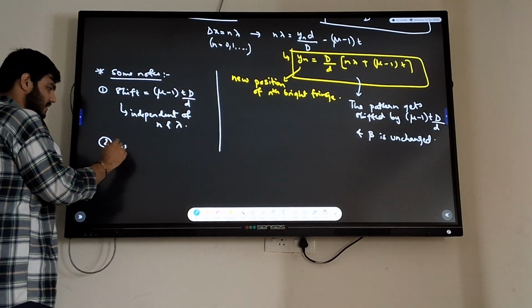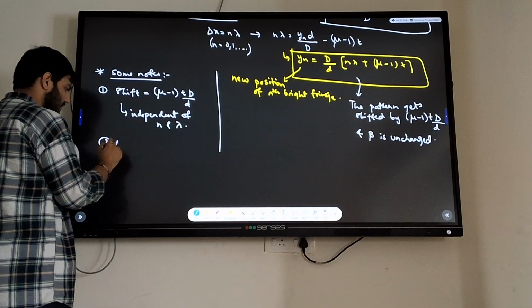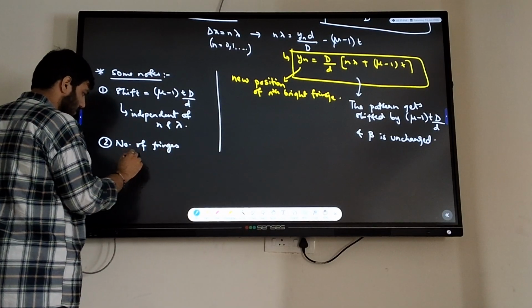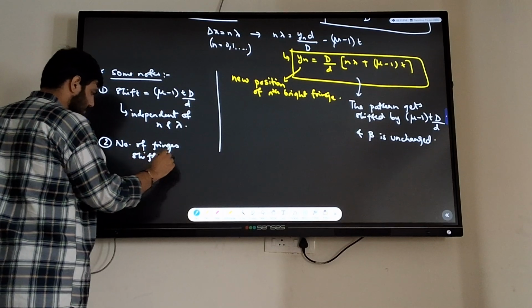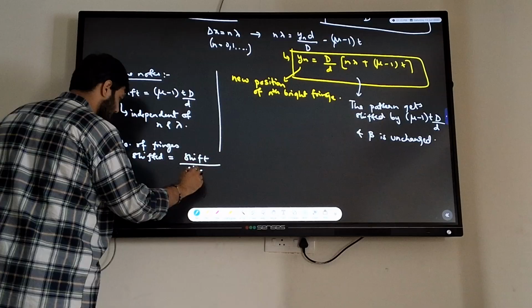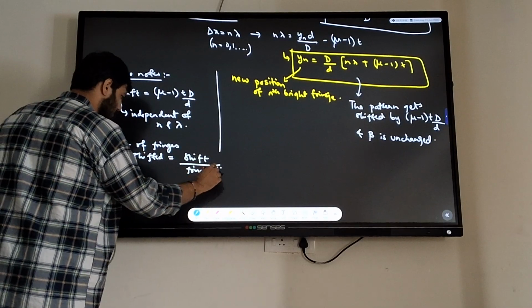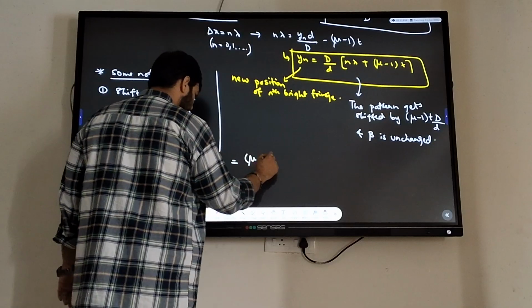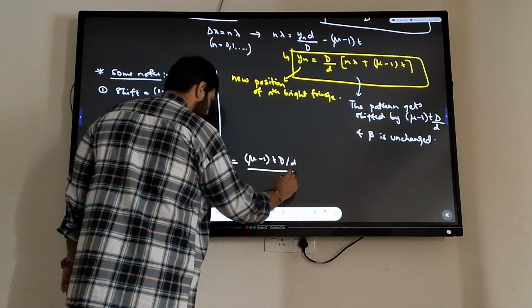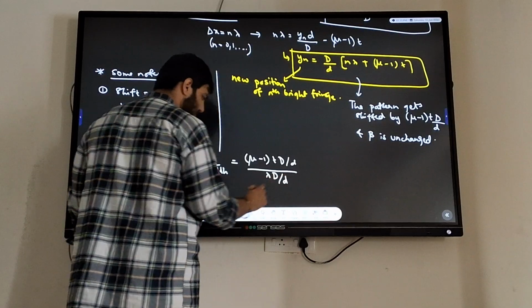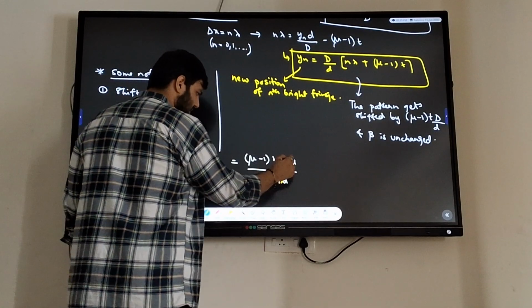The number of fringes shifted should be equal to shift divided by fringe width. And what is the shift? That's (mu minus 1) into t capital D by small d. And what is the fringe width equal to? Lambda capital D by small d. And I think this cancels.